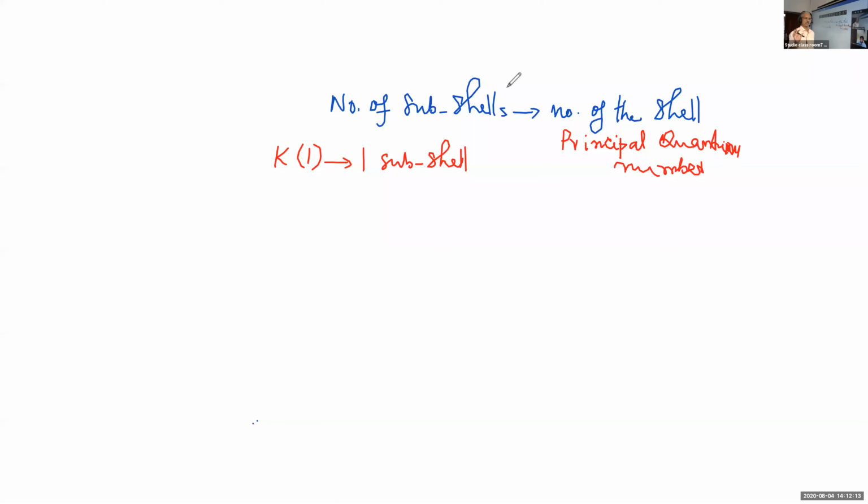The name of the subshell is S, the S subshell of the first orbit, and so it is denoted as 1s.